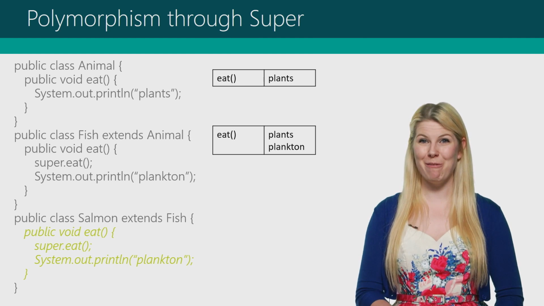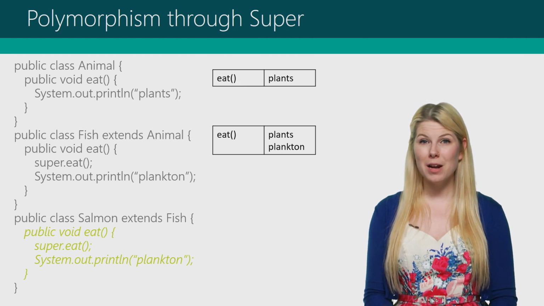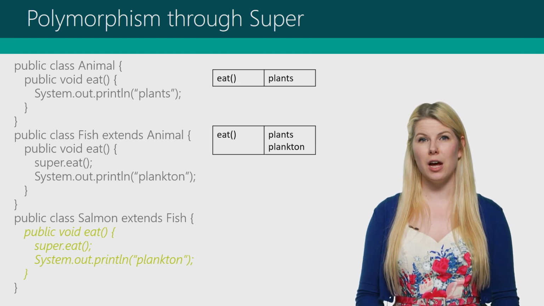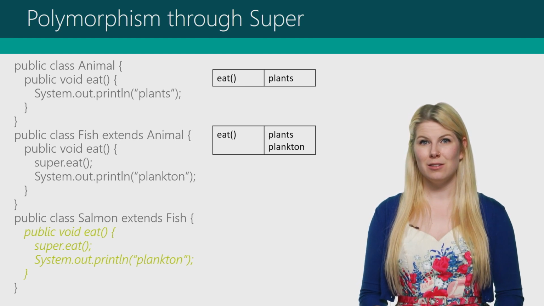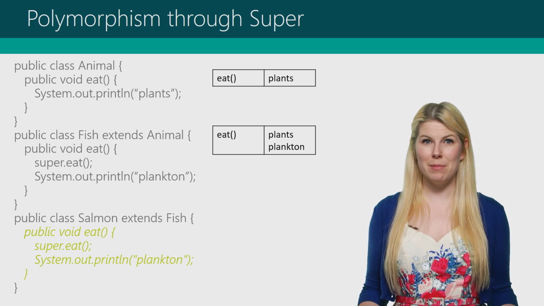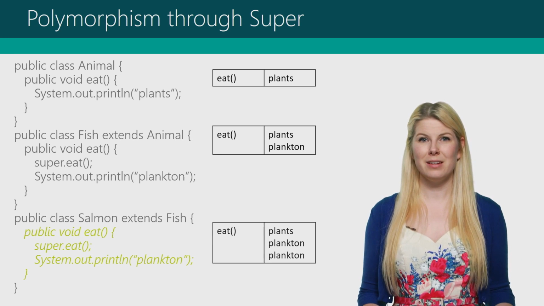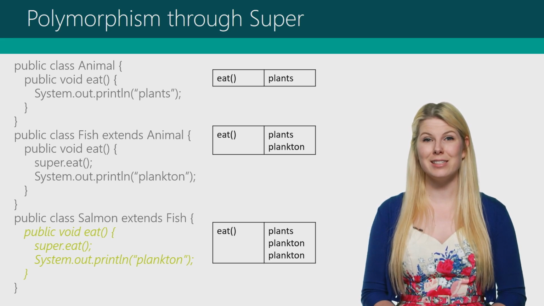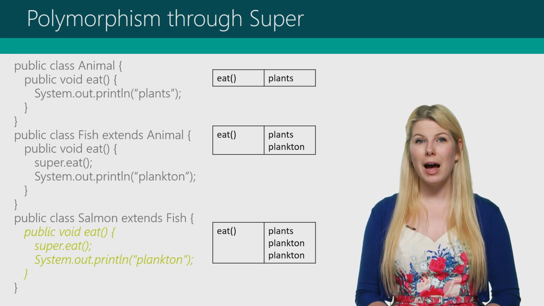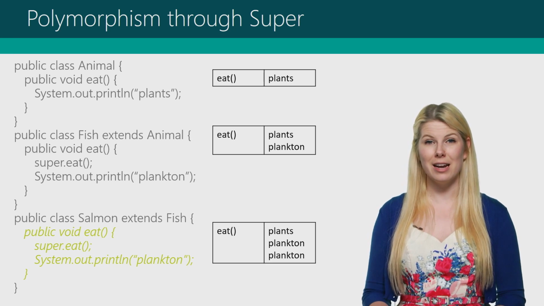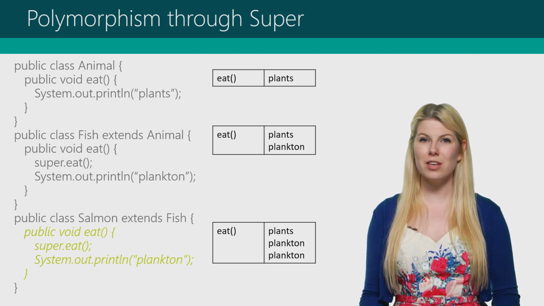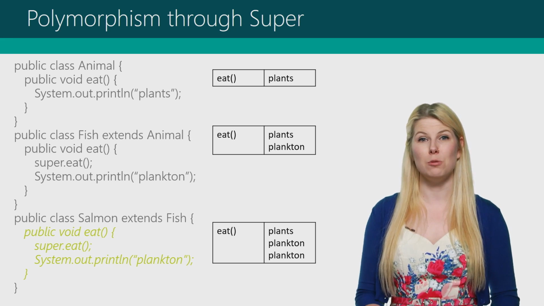So what happens if I go one level deeper? Now I'm not overriding this method. I am just inheriting fish's version of eat. So who's salmon's superclass? As it turns out, super always refers directly to the class that you extend from. So when I'm running this method that I have inherited, I look to my superclass's implementation of eat, and that's what I use for my super.eat.